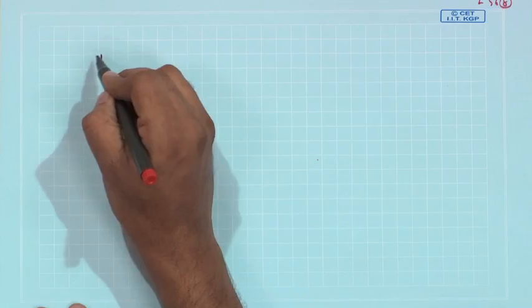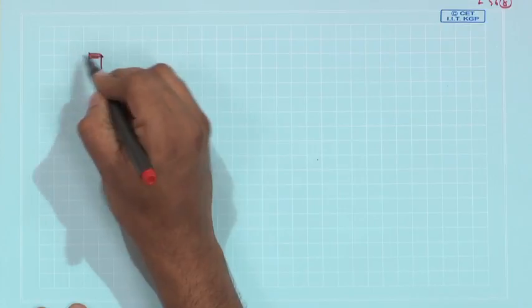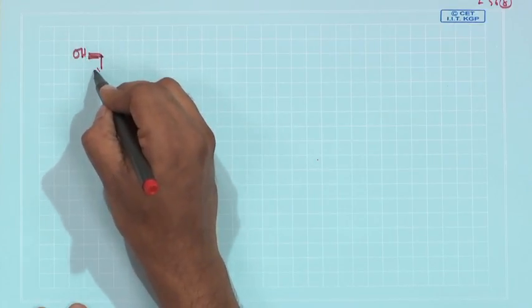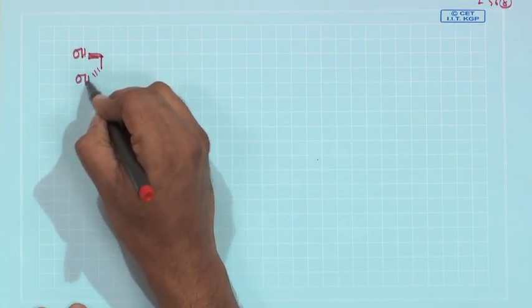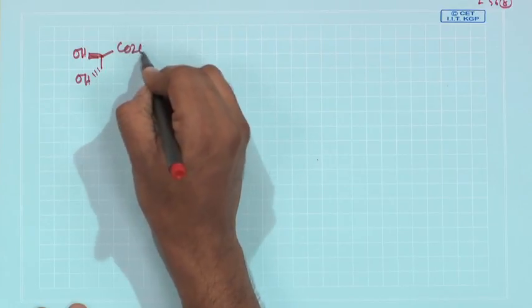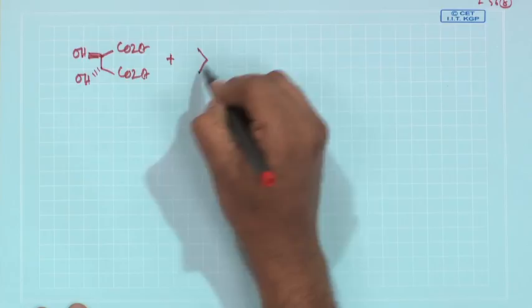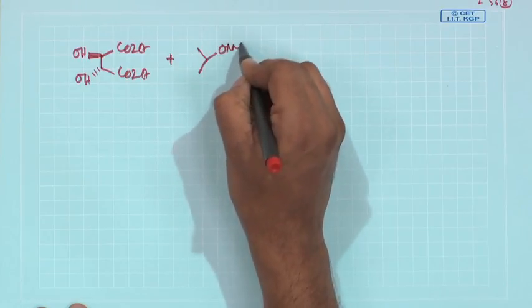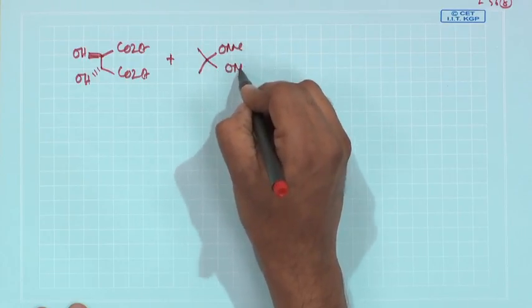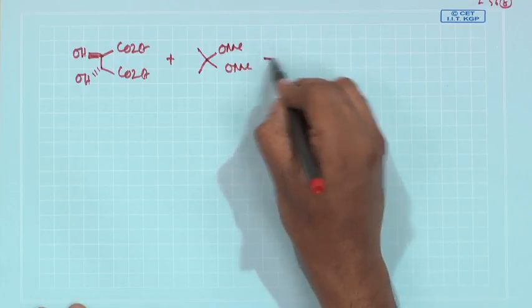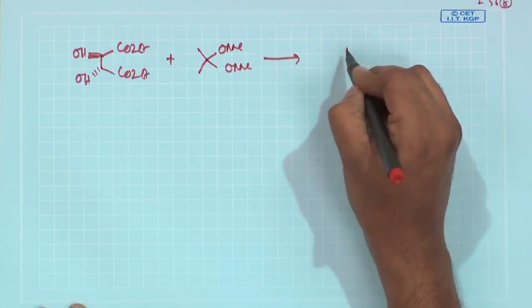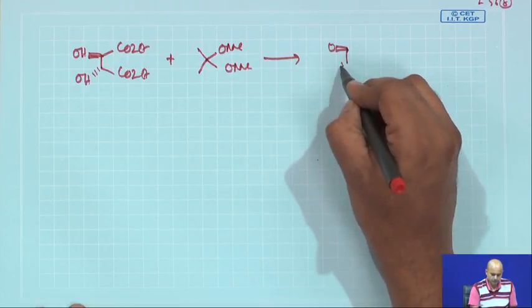Now, we will try to do the forward synthesis and see how this synthesis was done in reality. So, you have tartaric acid ethyl ester, react with 2,2-DMP or acetone to first protect this tartrate as its acetonide.